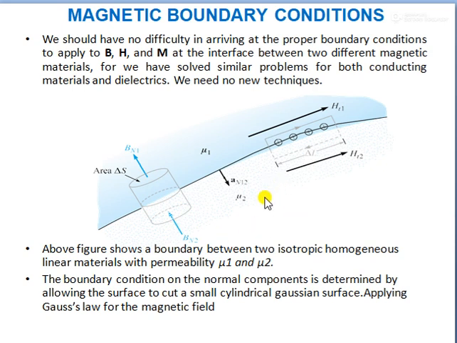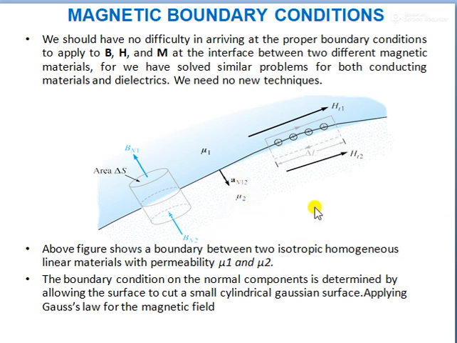Now, as I already told, the integration over the closed surface for the top is B dot ds. It can be written as Bn1 times the integration of ds.